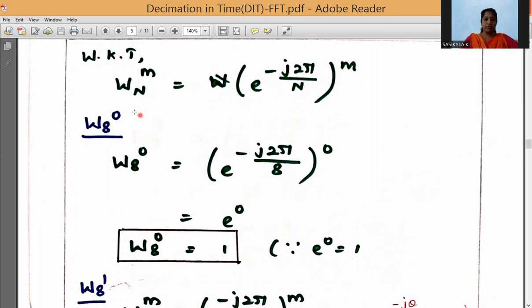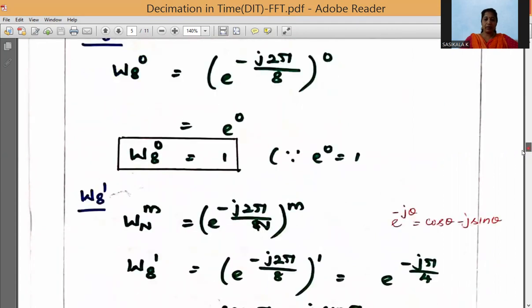Here the m value is 0 and n value is 8. So W8 power 0 can be represented as e power minus j 2 pi by 8 the whole power 0. So 2 pi by 8 into 0 is 0, and e power 0 is 1. So W8 power 0 is equal to 1.